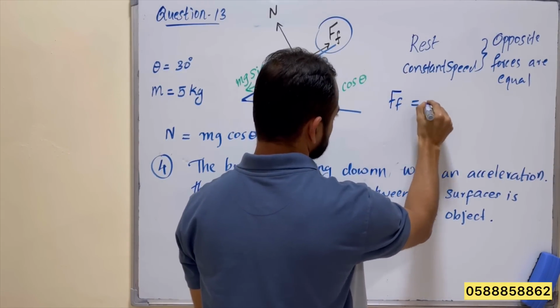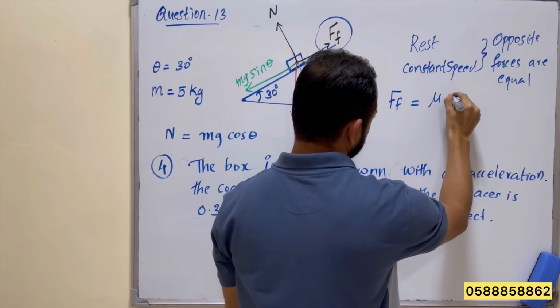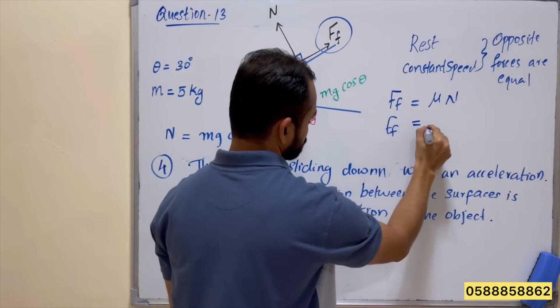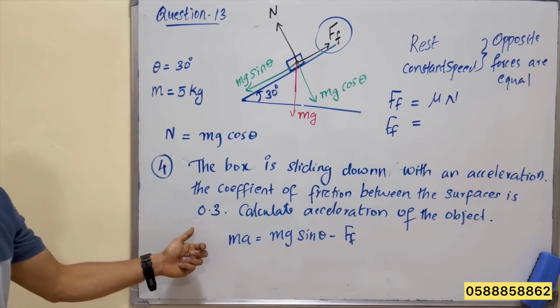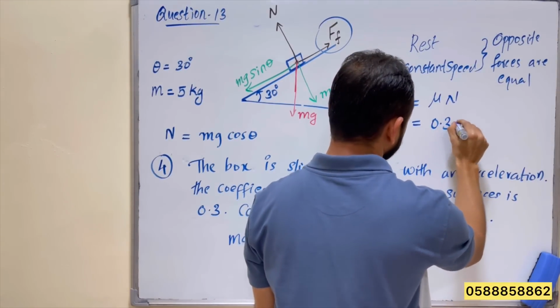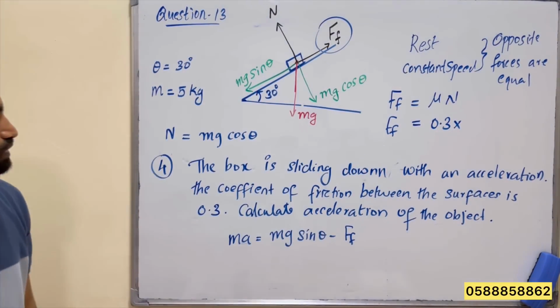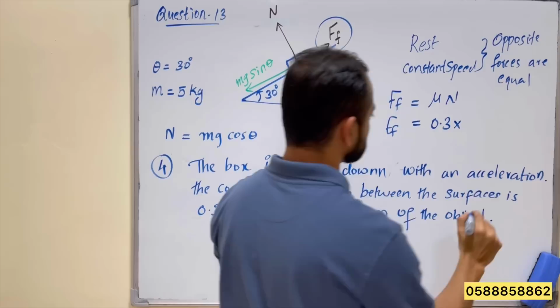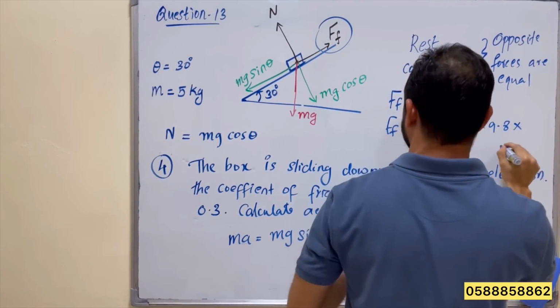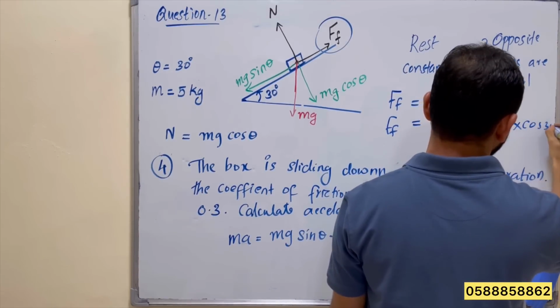Force of friction is equal to coefficient of friction times normal force. The coefficient of friction I have given in the question is 0.3. So 0.3 multiplied by the normal force, which is mg cos theta. M is 5, g 9.8, cos 30.